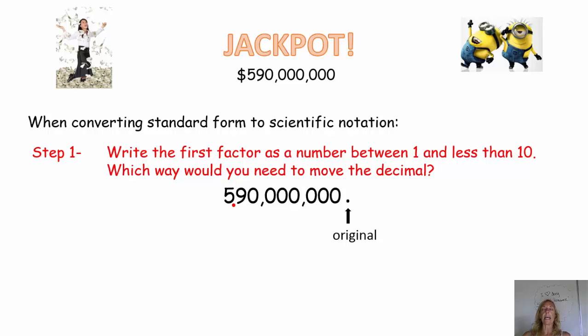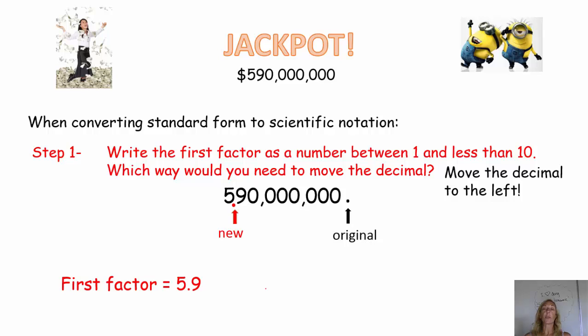If we look at the number 5.9 as a decimal, isn't that between 1 and less than 10? Hopefully you're agreeing with me, because it is. So that becomes our first factor, and here's our new decimal point. We're moving our decimal from the original to the new, which is moving to the left. So our first factor will be 5.9.